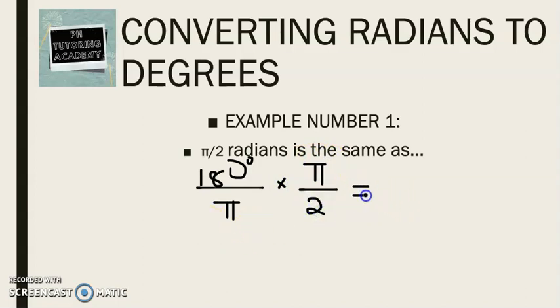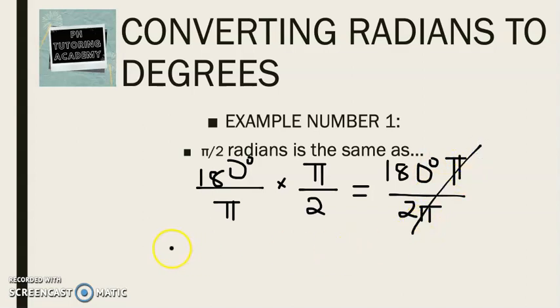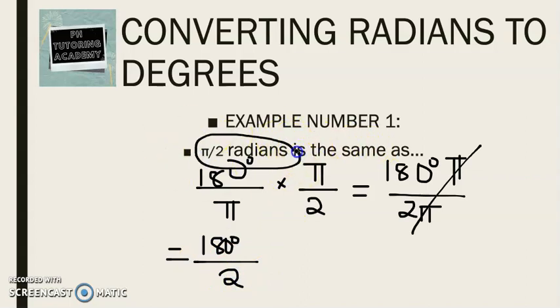This gives you 180 degrees times pi over 2 pi. What you can do next is cancel out both pi's and you're left with 180 degrees over 2. To find the number of degrees in this radian, you just divide by 2.